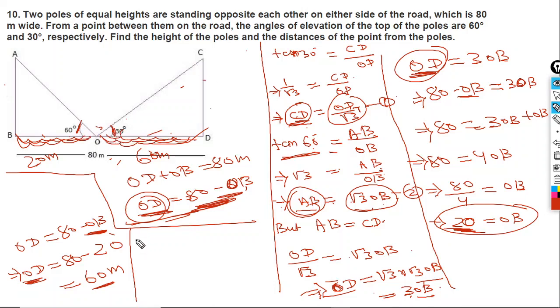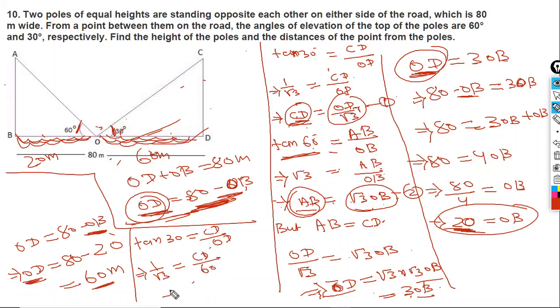This we have found earlier, tan 30 equal to CD by OD. So tan 30, 1 by root 3, equals CD, whose length we don't know, by OD, and we have just found OD is 60.